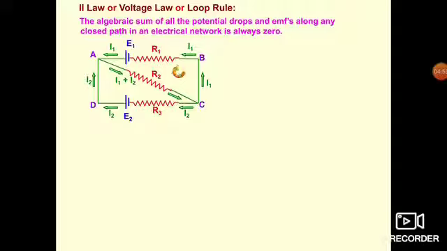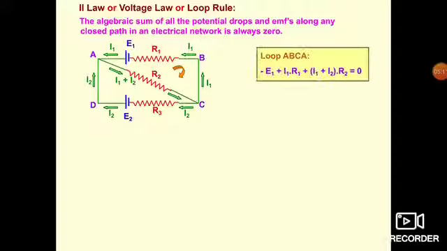Now they have used the loop law. You can see that there is one circle moving like this, in a clockwise sense. So if it is moving in the clockwise sense, you have taken loop ABCA.